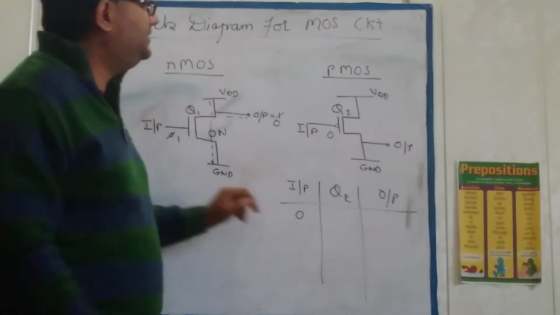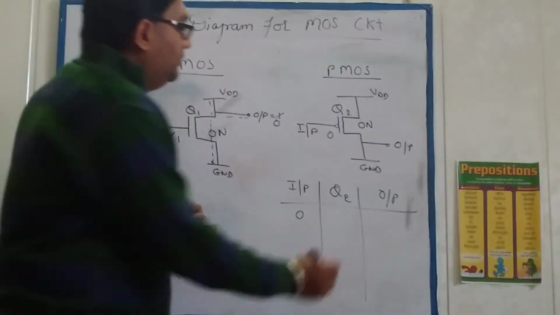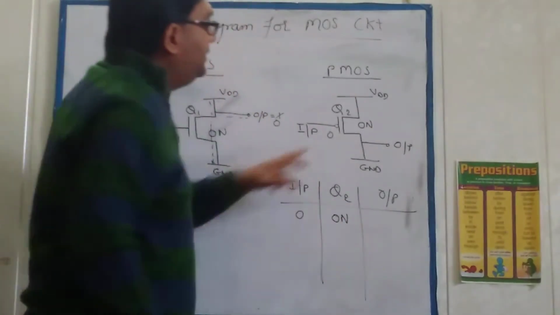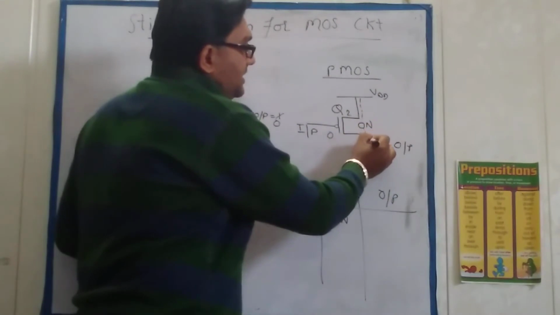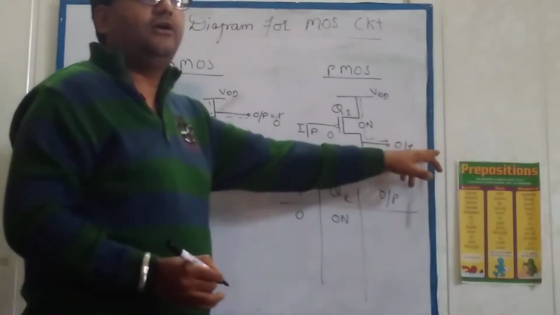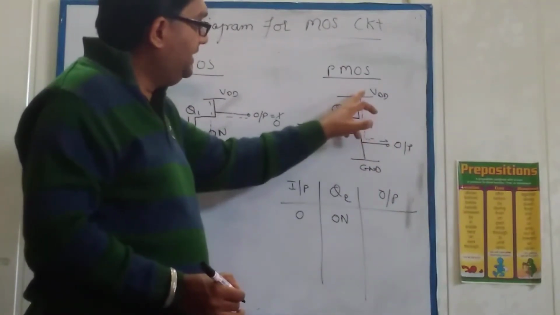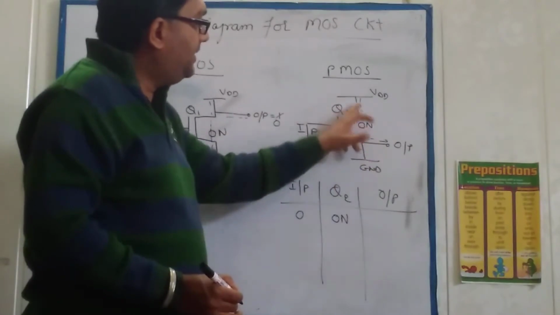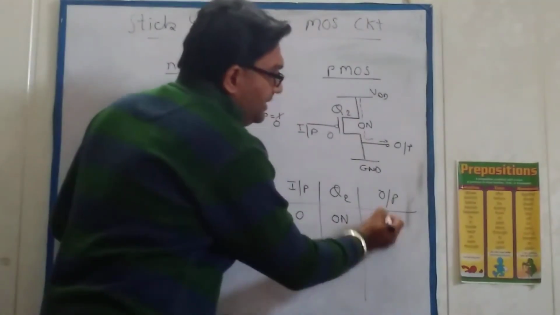So if I apply 0, the transistor is on. Now if the transistor is on, the VDD passes through this transistor and takes the path to the output, as the output is taken from here. So this VDD takes the path through the transistor and appears at the output. So the output will become 1.